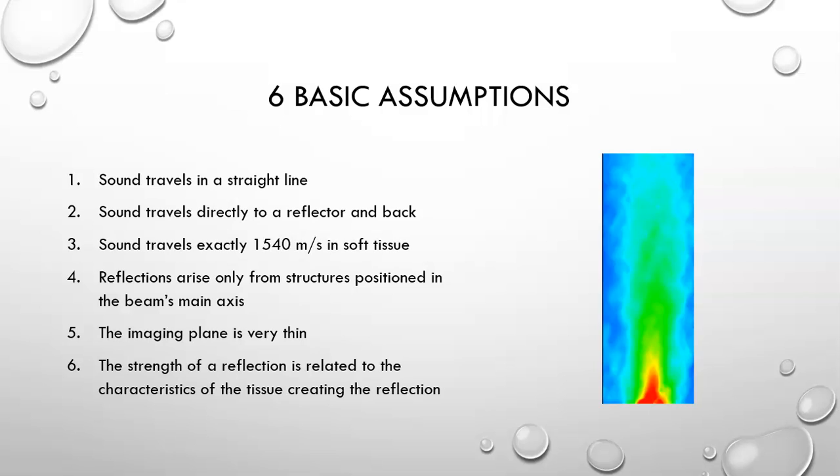It assumes that reflections only arise from structures positioned along the main axis of the beam. It assumes that the imaging plane is very thin. And it assumes that the strength of the reflection is related to the characteristics of the tissue which created the reflection.